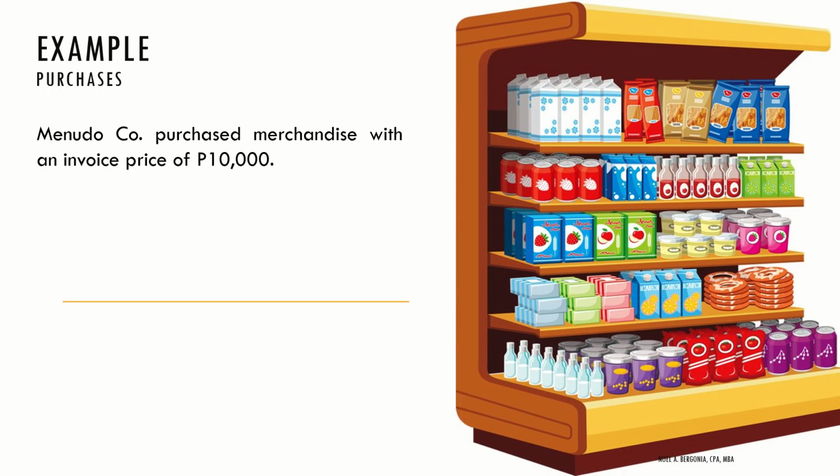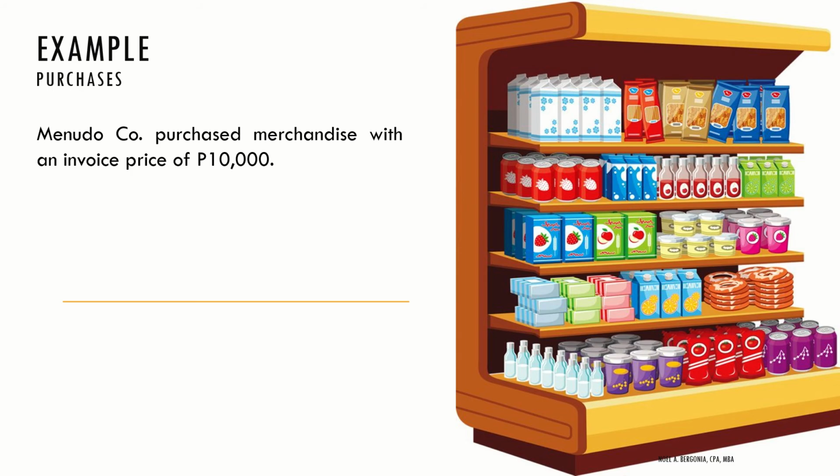Now, let's talk about an example about the purchases. So let's say we have Menudo Company purchased merchandise with an invoice price of 10,000. Again, for merchandising buyer perspective, we record purchases using the invoice price na lang. Sabi ko rin po kanina, we could purchase it through cash or on account. So, paano po pag for cash ang purchases natin?